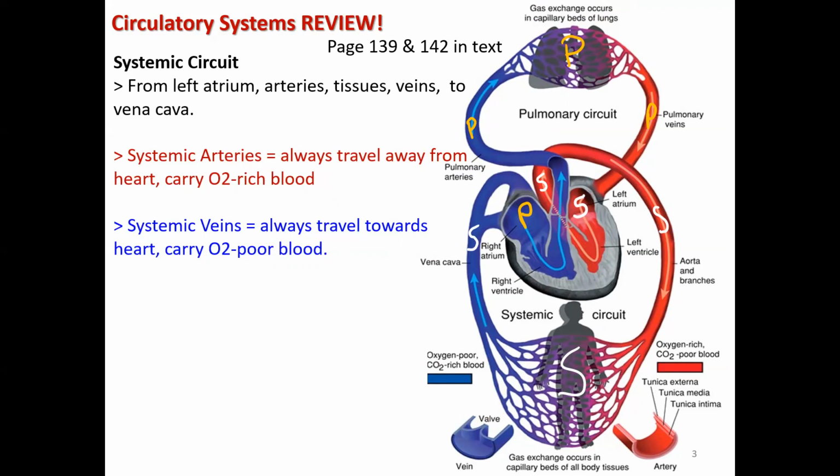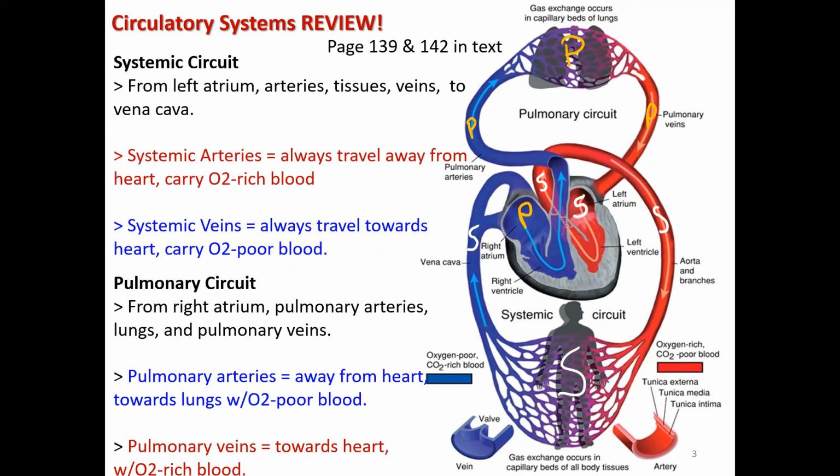So the systemic circuit stops at the vena cava. The pulmonary circuit starts at the right atrium, goes down to the right ventricle, to the lungs, back again, and then to the heart. That's the pulmonary circuit, the shorter of the circuits.